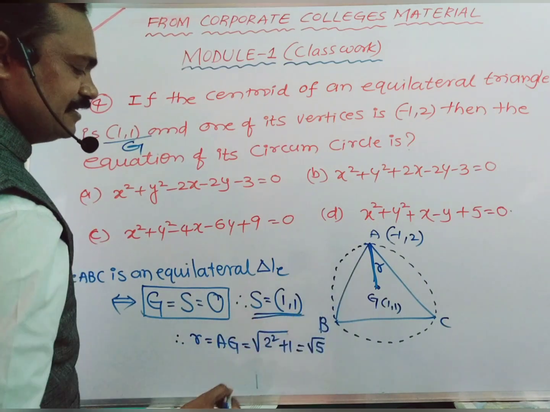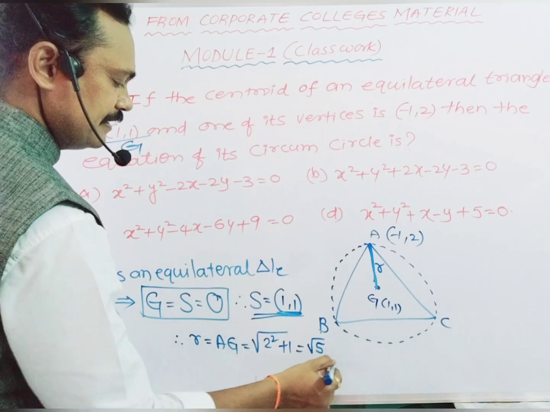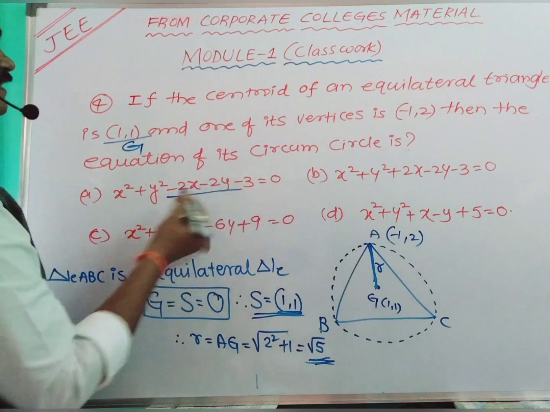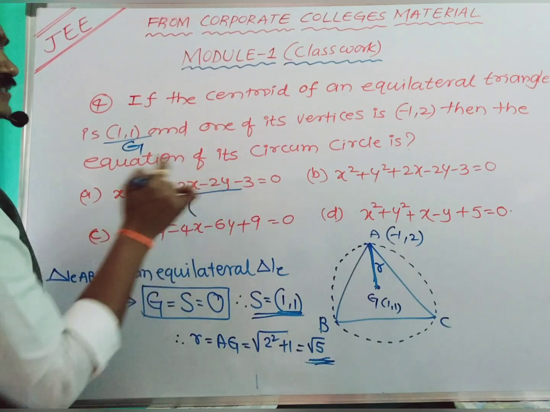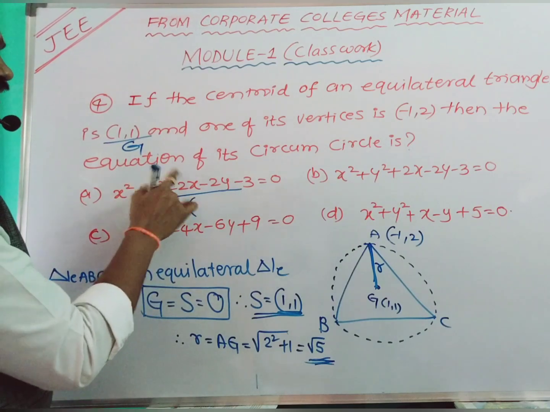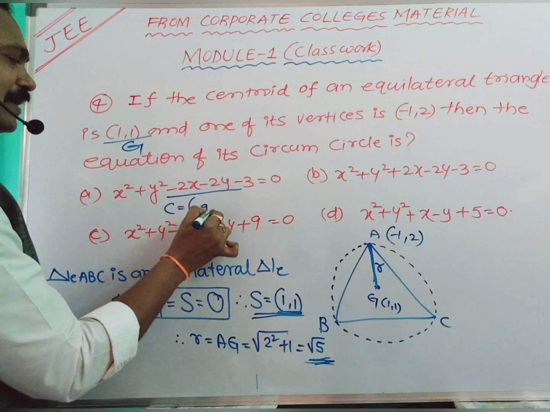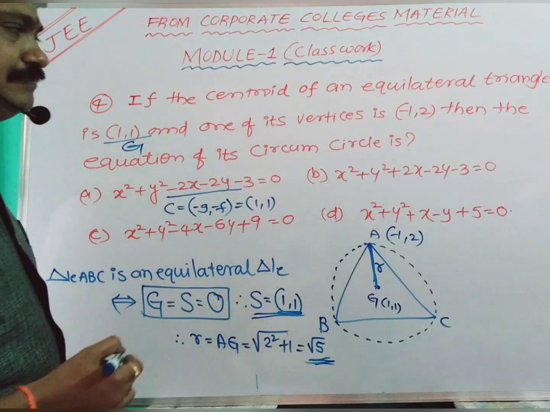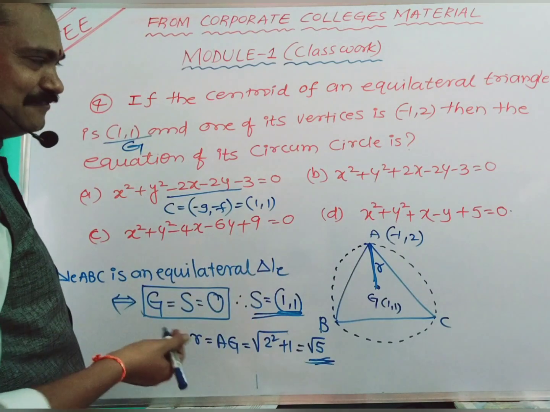Chalo, check. This is the circle with center how much? 2G is minus 2, 2F is minus 2. So G is minus 1, F is minus 1. So the center is minus G comma minus F, that is 1 comma 1. Here the first center is confirmed. Here the center is minus 1 comma plus 1.